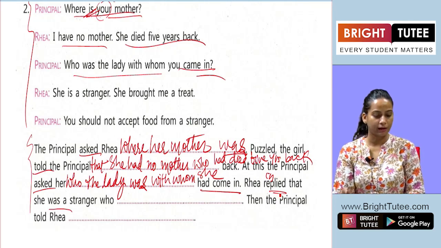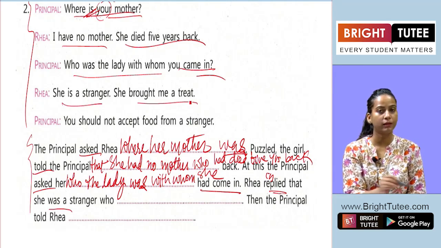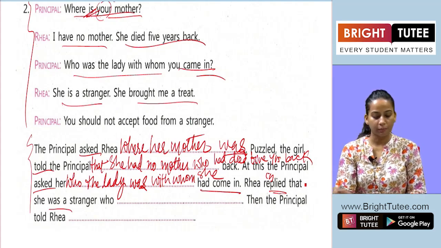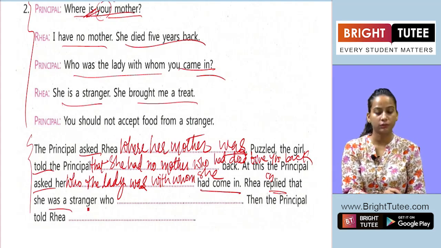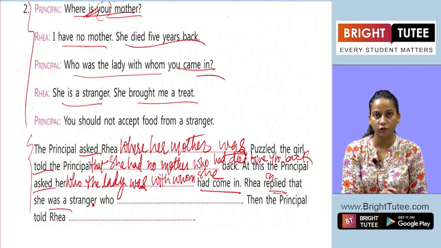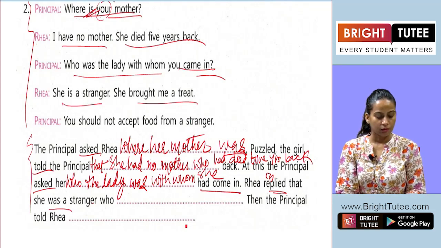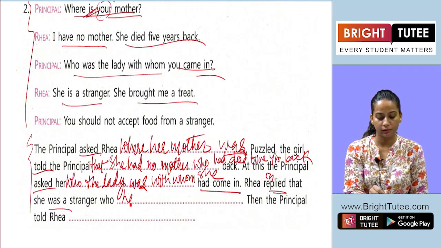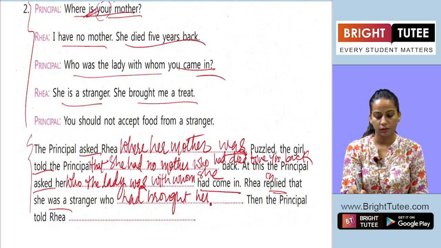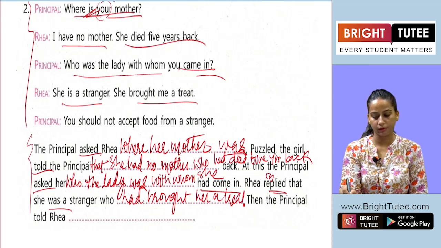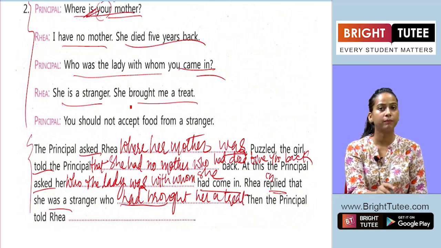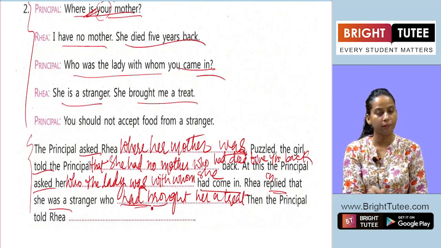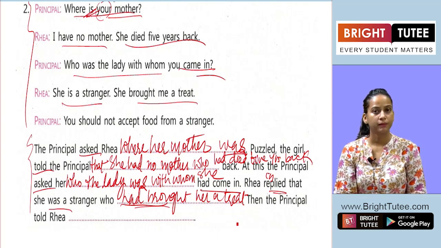Riya replied that she is a stranger, she brought me a treat. Then Riya replied that she was a stranger who had brought her a treat. Clear? That simple past will change into the perfect one. Had brought her a treat.